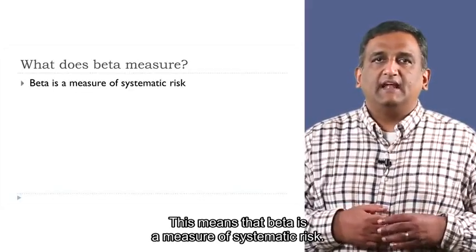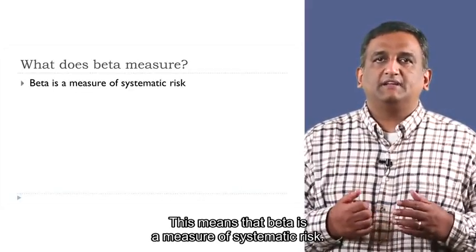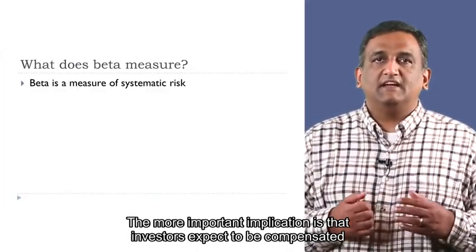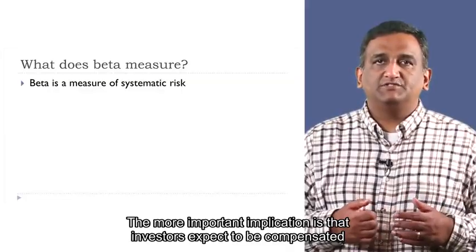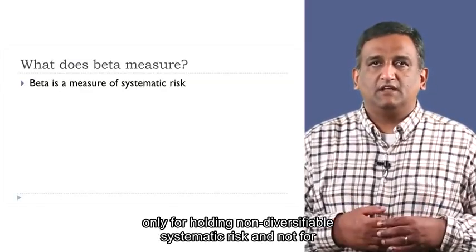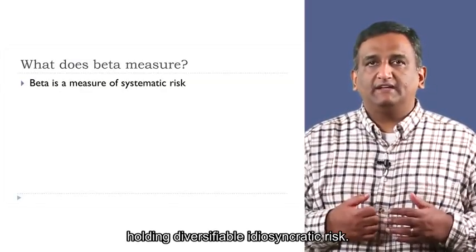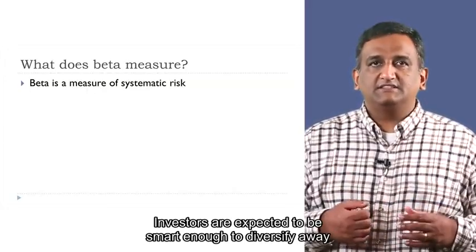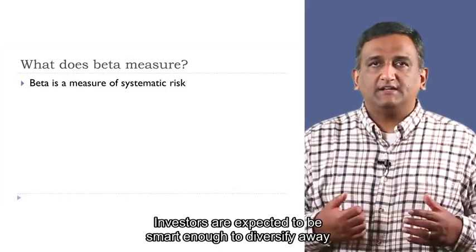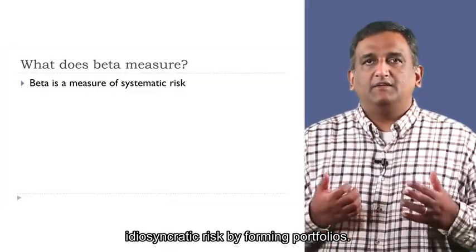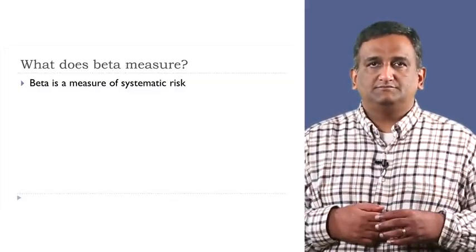This means that beta is a measure of systematic risk. The more important implication is that investors expect to be compensated only for holding non-diversifiable systematic risk and not for holding diversifiable idiosyncratic risk. Investors are expected to be smart enough to diversify away idiosyncratic risk by forming portfolios.